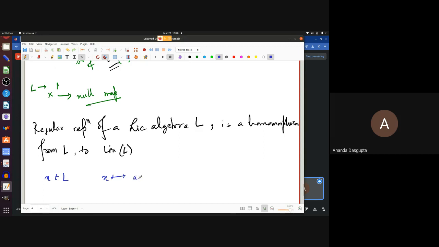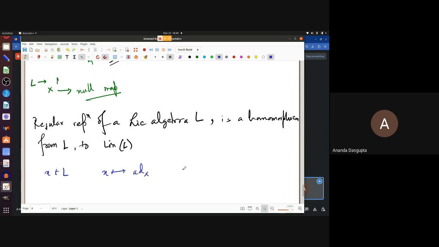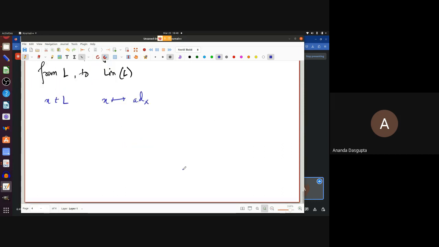Now, this linear operation we are going to call ad x. Okay? x maps to ad x, y maps to ad y. So this is really ad acting on x, but the standard notation is ad suffix x. It's just notation. Now, ad x, of course, is a specific linear operation acting on the Lie algebra.